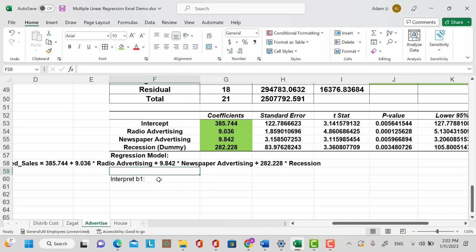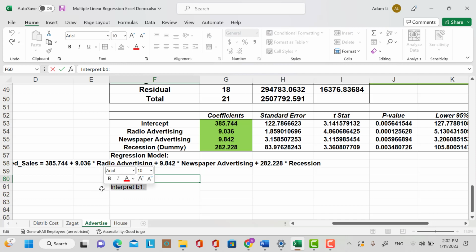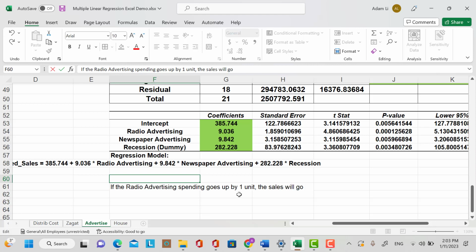B1 here tells us if the radio advertising spending goes up by 1 unit, sales will go up on average.